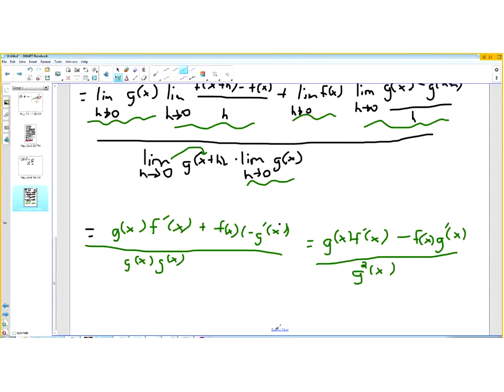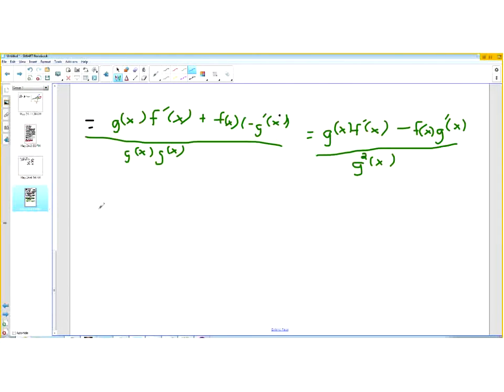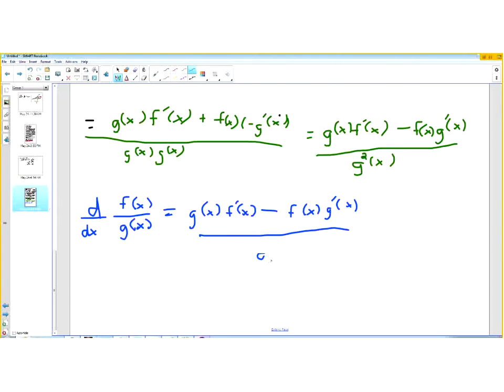All right, and I'll summarize here. The derivative with respect to x of the quotient of two functions is equal to the bottom function, g, times the derivative of the top function, f prime of x, minus the top function times the derivative of the bottom function, all of that divided by the bottom squared.